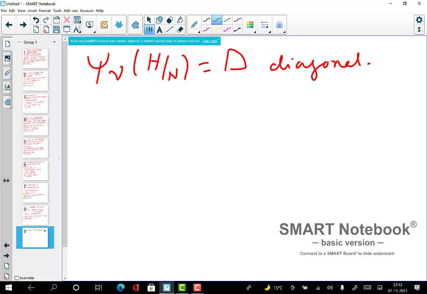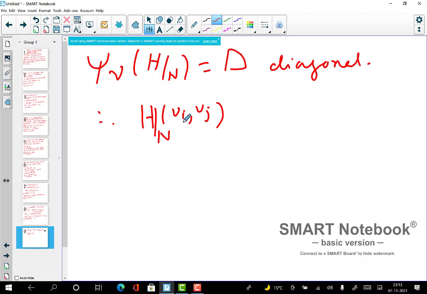So what does that mean? This matrix has entries h(vi, vj), right?